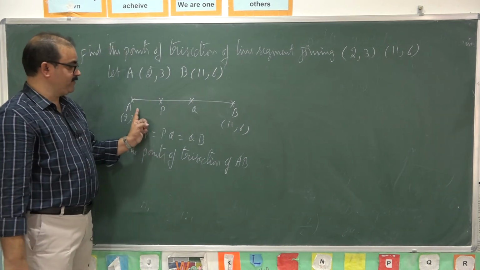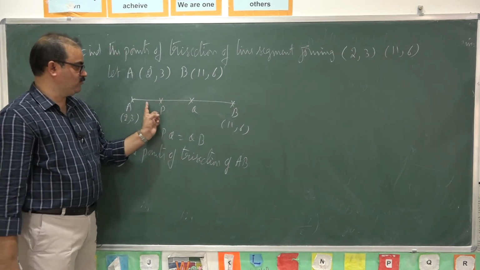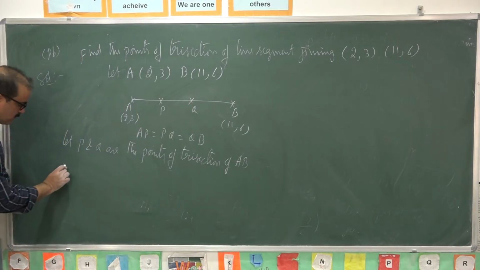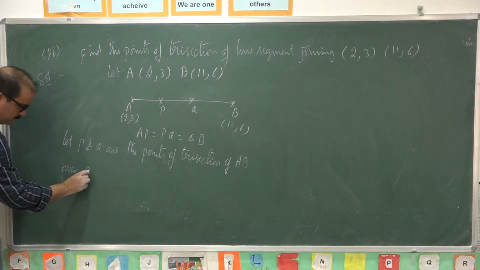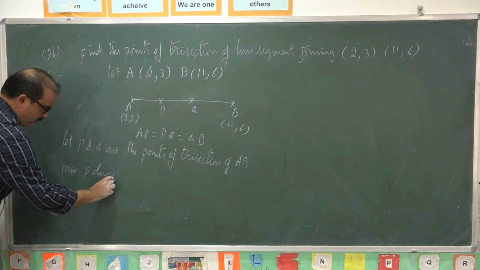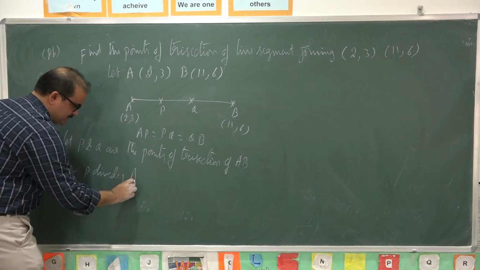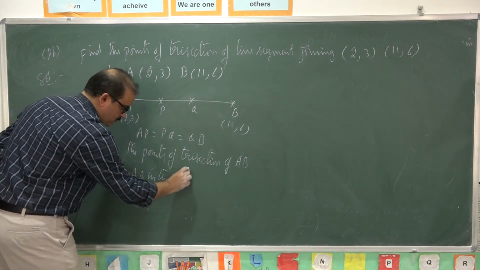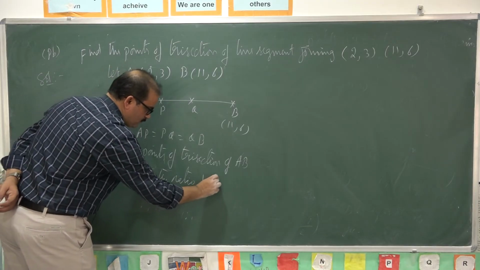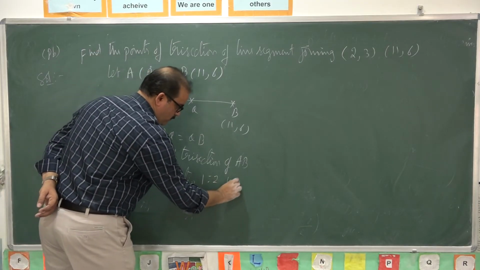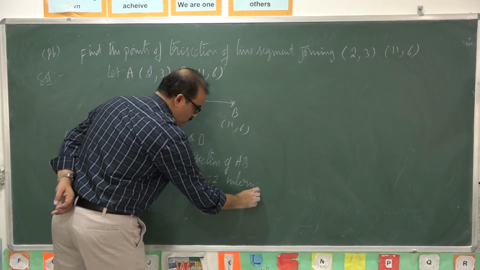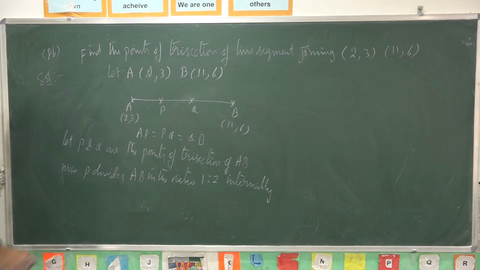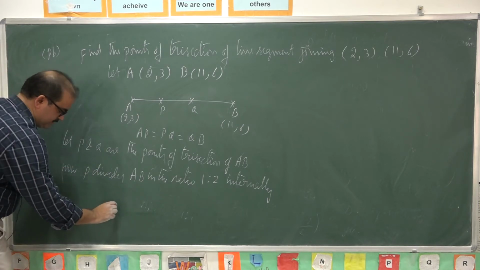Now P divides AB in the ratio 1:2 internally. Therefore, the coordinates of P.